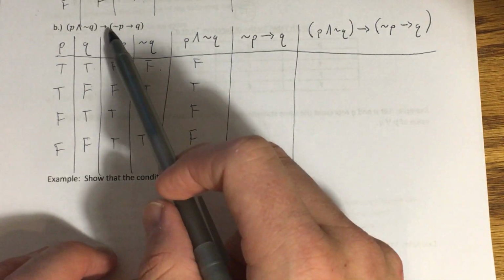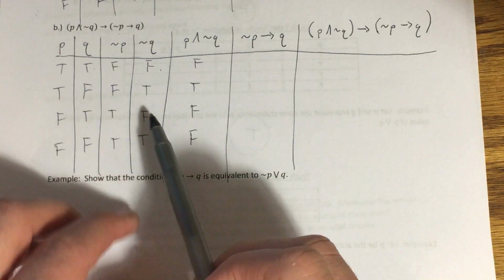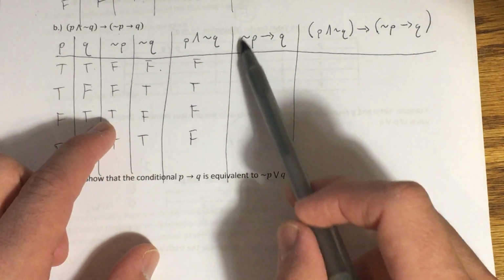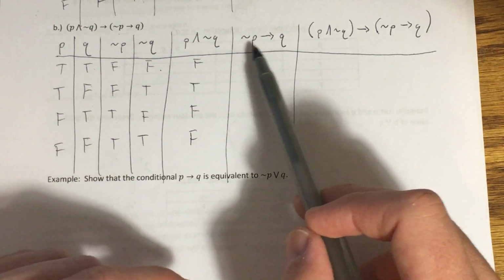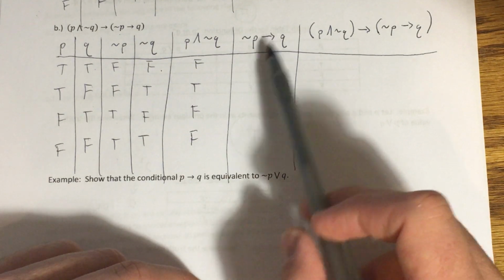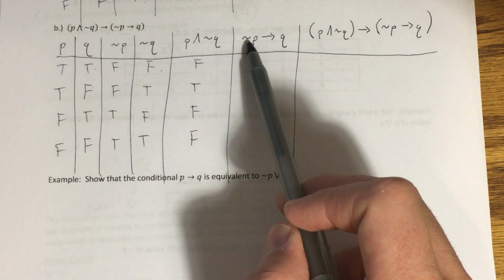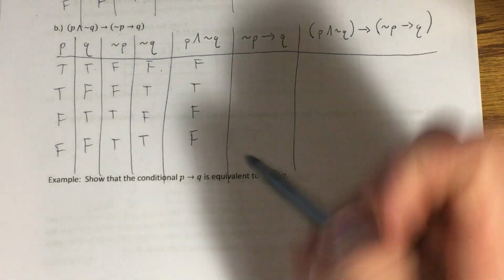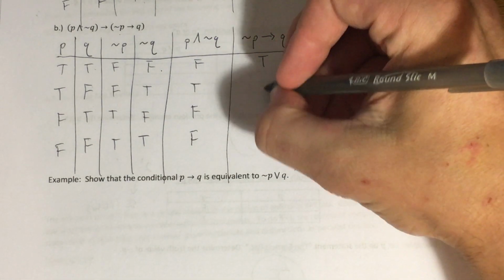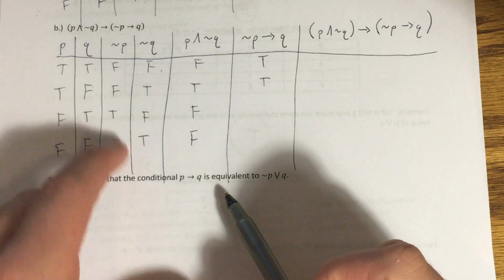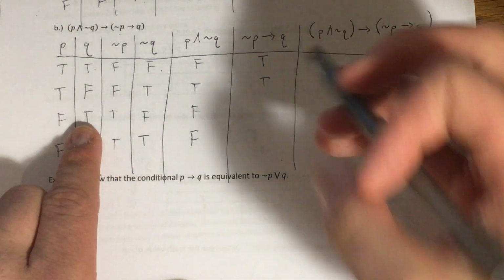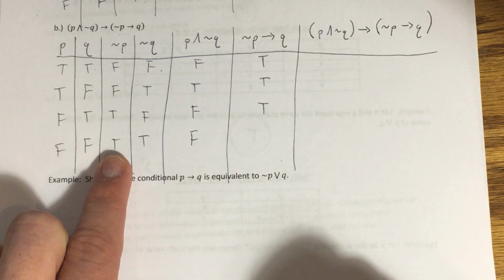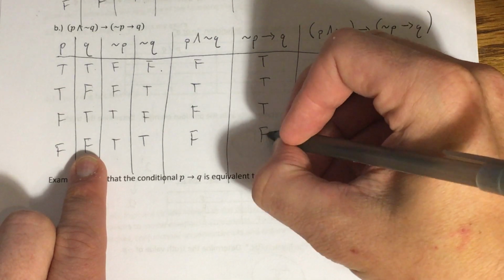So I have to start from column 3 and then move to column 2. Remember, anywhere that my antecedent is false automatically gives me a true conditional. And my antecedent, not P, is false in these first 2 positions. So that's automatically going to make both of these true. What happens in the next 2 positions? True implies true. That's true. True implies false. That's false.